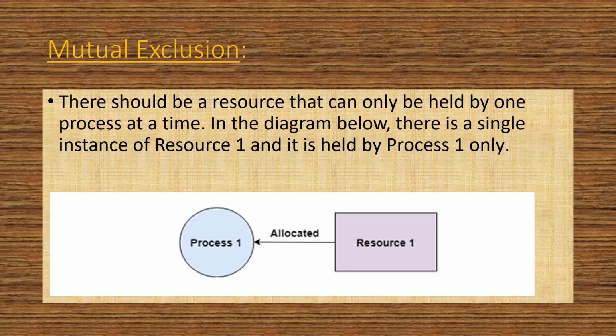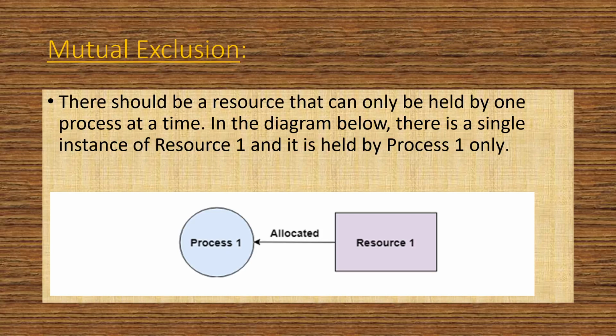Let us check that we shared a printer between two processes simultaneously. Then we will get a printing as a combination of those two processes. Let us take the processes as P1 and P2, and the printer is shared between P1 and P2, then a combination of process P1 and process P2 will be the output, which means that we got wrong results.